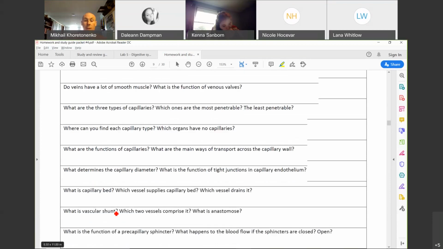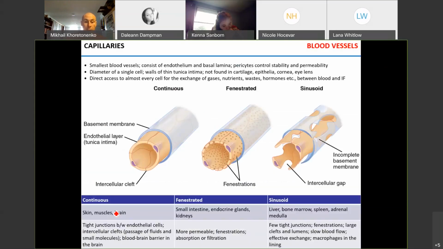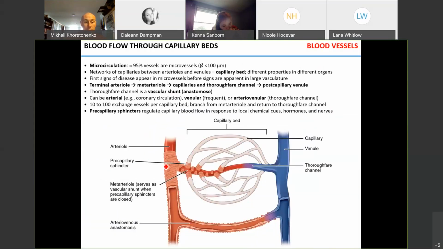Vascular shunt. Got questions about it. So this whole thing is the vascular shunt. Vascular shunt consists of the metarteriole and thoroughfare channel.